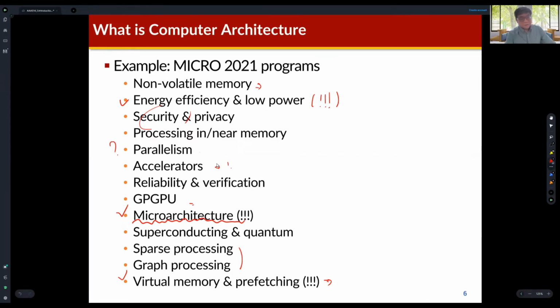GPGPU. These are new types of processors in computer systems, like domain-specific architectures. About superconducting and quantum, it's an area of physics. So computer architecture research covers various research topics related to computer systems.